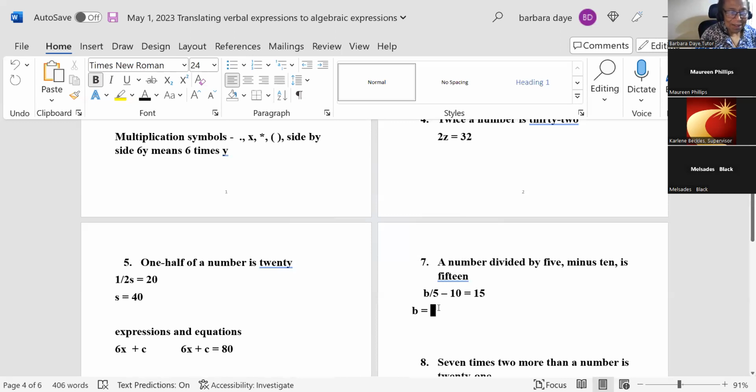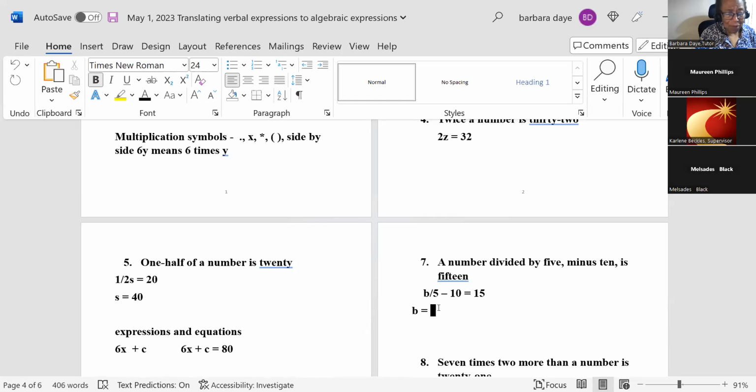So B is 1. You could do it with mental math. So B is 1, because 5 into 5 is 1. 1 from 10 is 9. So it would be 9.